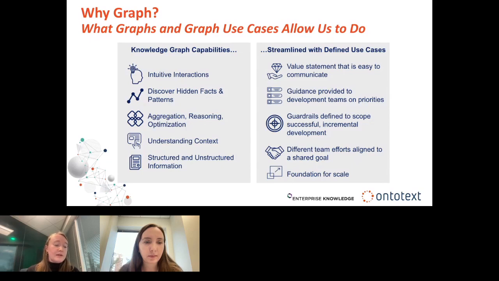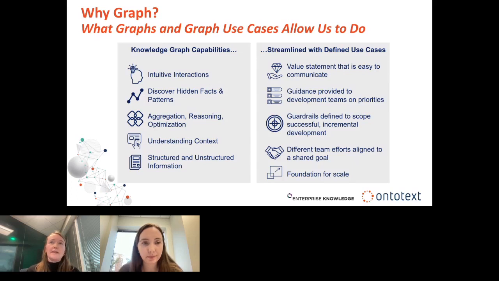So that makes it not only human understandable but also machine understandable in that same way. They can understand and integrate both structured and unstructured content and information. And as we talked about on the previous slide, so much of the information and knowledge that we have in this world is unstructured at this point. So that's a really important feature here. And of course, aggregating information from those disparate sources really gives you that 360 degree view of what your data and your information can offer.